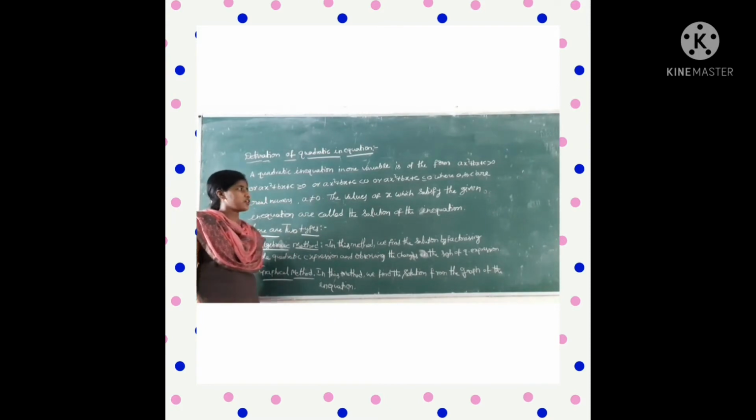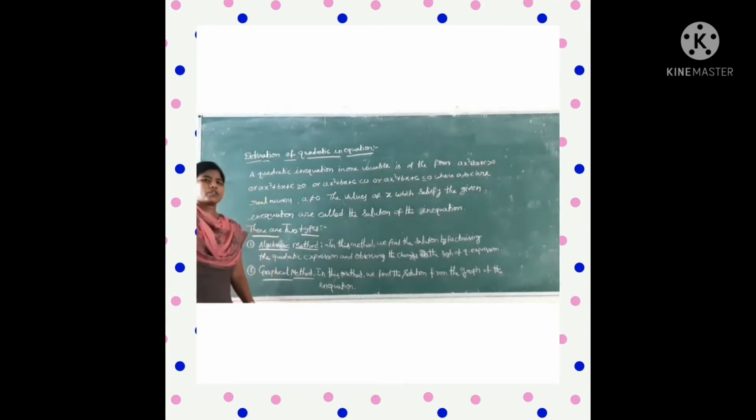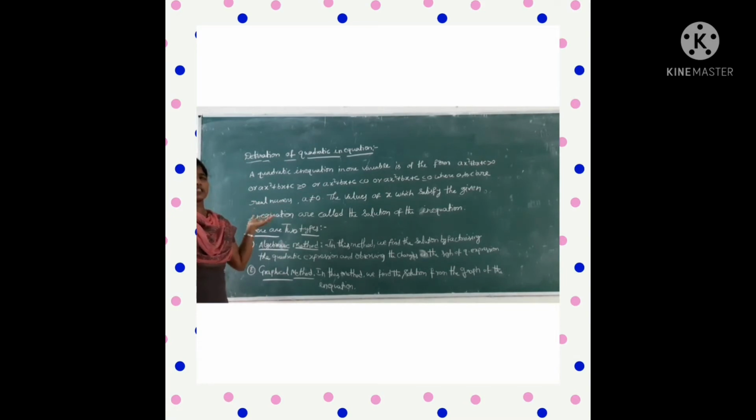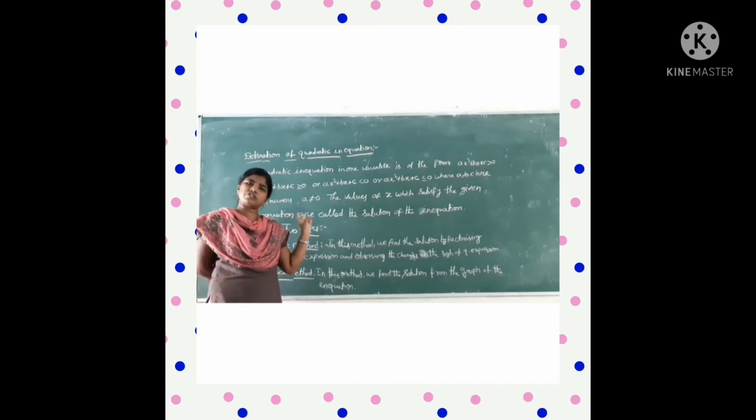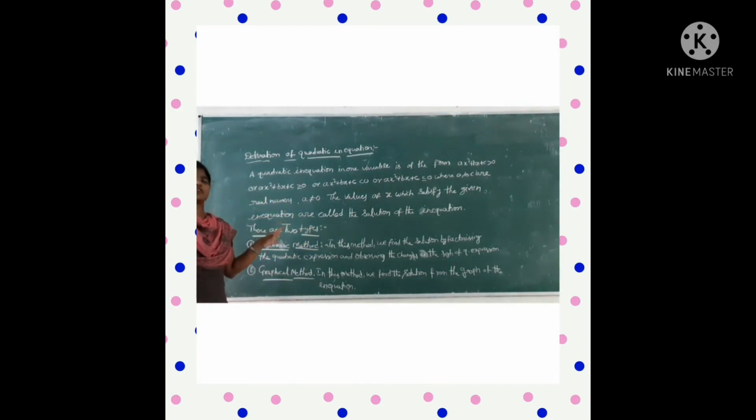The values of x that satisfy the given inequation are called the solution of the inequation. Okay, understand? So here the value is not an exact or equal value. The inequation conditions are greater than 0, greater than or equal to 0, less than 0, or less than or equal to 0.